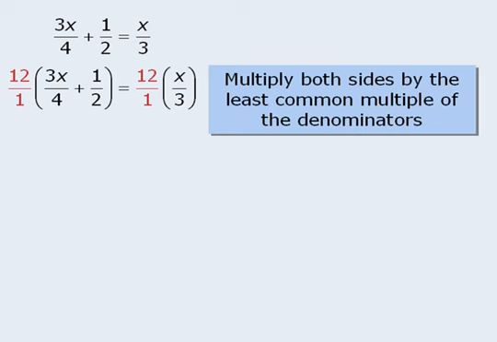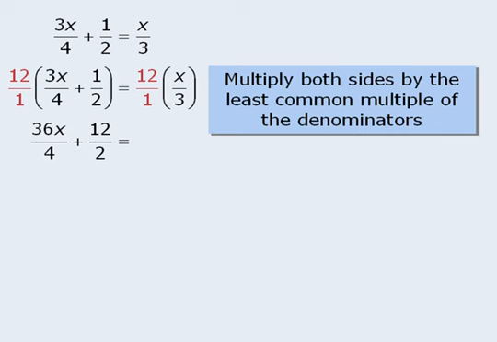Now at this point, we need to expand the left-hand side. So first we will multiply 12 and 3x over 4 to get 36x over 4. Next we'll multiply 12 and 1/2 to get 12 over 2. Now I could have simplified these products, but I'll do that in the next step.